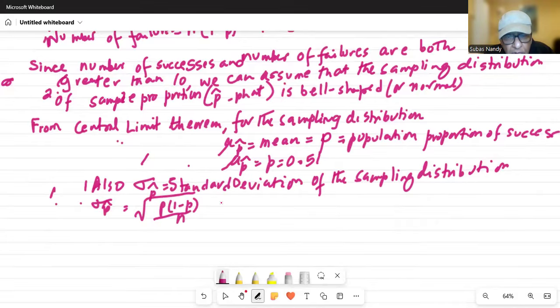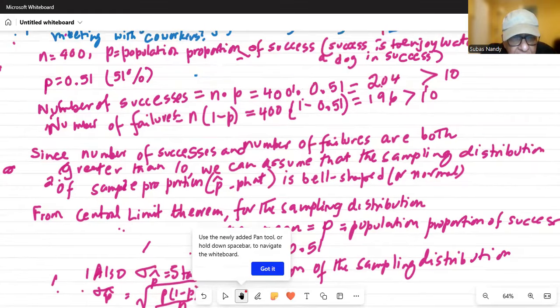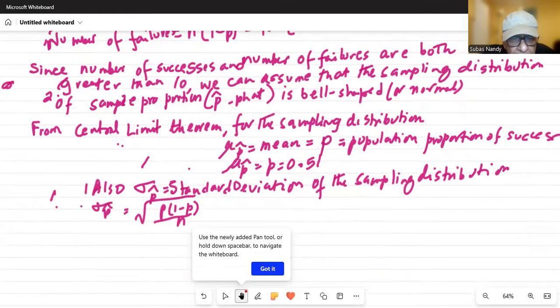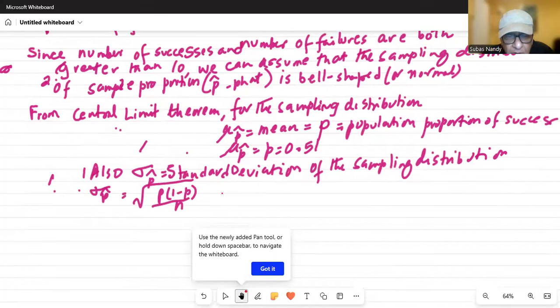Okay, so if you go back, you will see the sample size n is 400 and p is of course 0.51. So how do I do this long formula in the calculator?